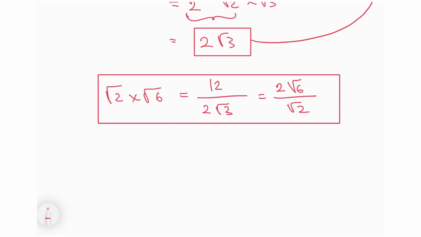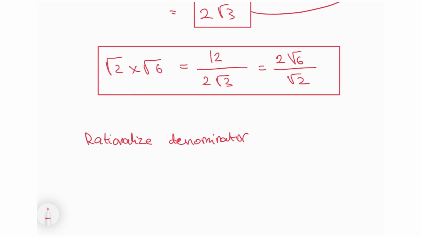The last thing I want to mention here is rationalizing the denominator. So rationalizing the denominator is if you have a fraction in which you have, let's say, some number, and here you have square root a plus or minus b.